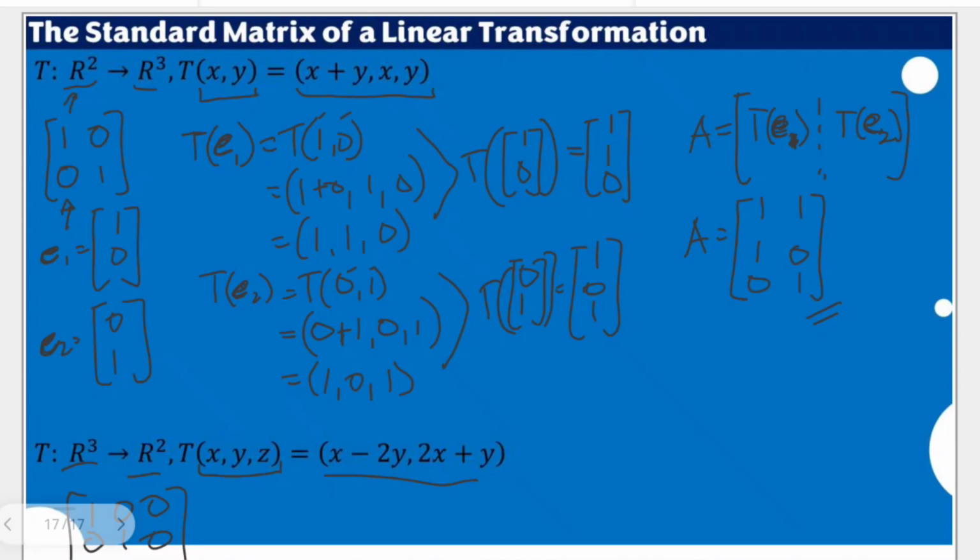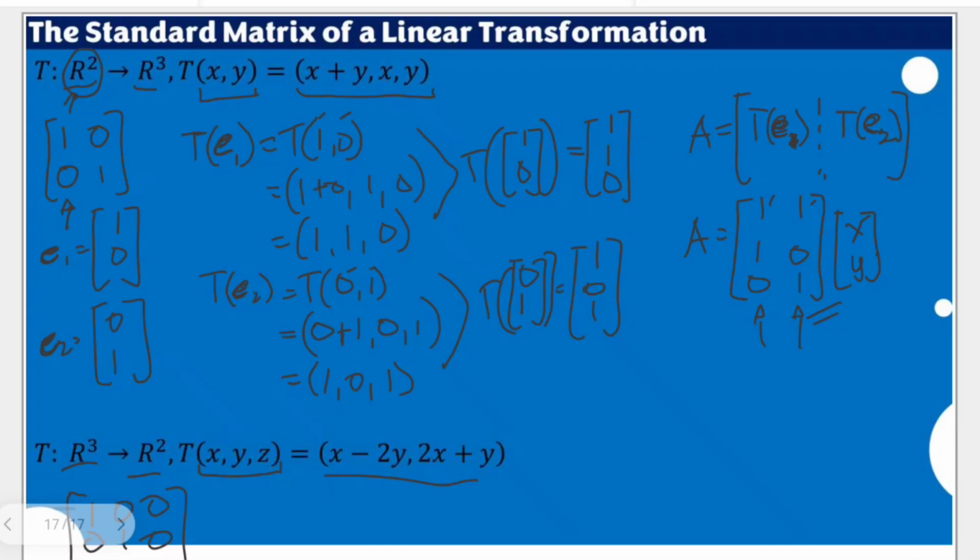Now, how do we know if our standard matrix is correct? Since this is the standard matrix for our linear transformation, we are going to multiply it with the x and y components. Take note that it is defined: the number of columns that could be formed is still the dimension of the domain R2, which is 2.